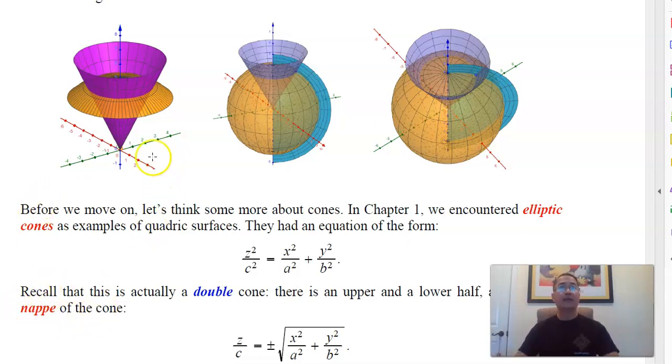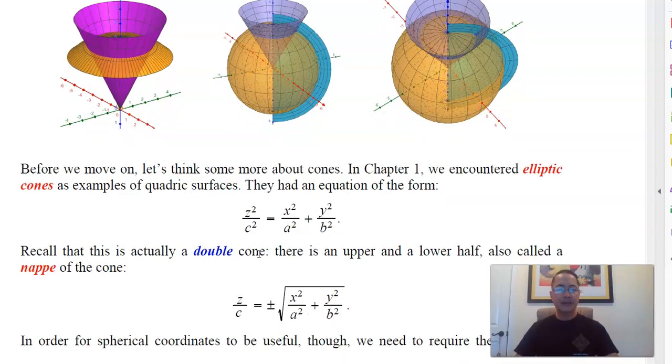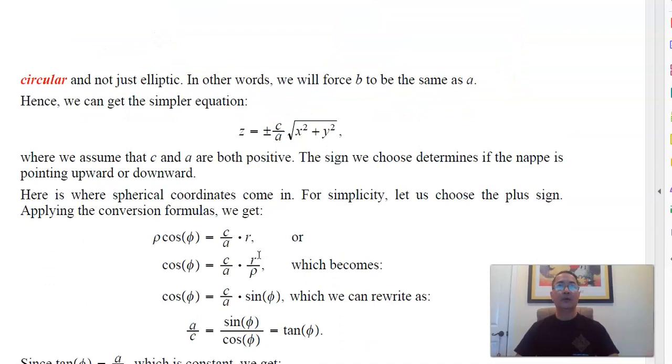In spherical coordinates, we're not going to see cones with 2 nappes, only 1 nappe. So basically we are going to look at ice cream cones in a little bit. We're going to agree that we only use the plus or the minus, because we did say that you could have a cone which is upside down.